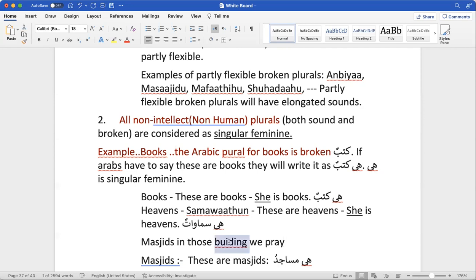Or we say, in those we pray, like this. Masjids, in these we pray. Or you can say simply, in these we pray. If you make a sentence like this, you have masjids, masajid. In these we pray, right?